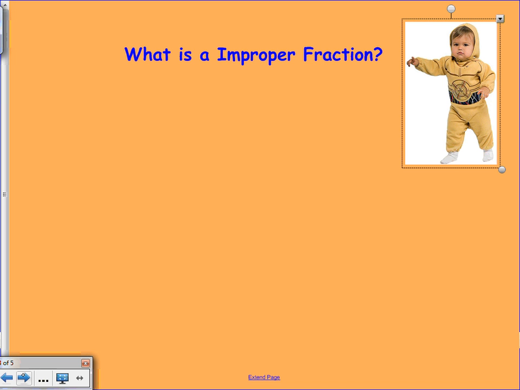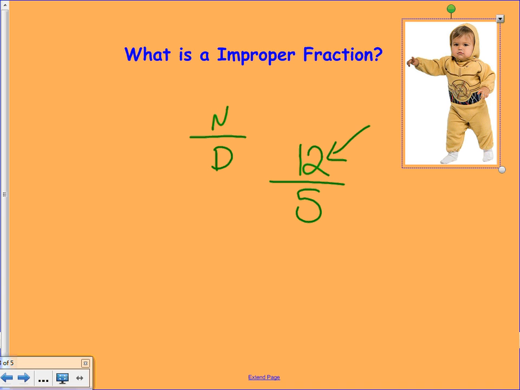Now, what is an improper fraction? Well, an improper fraction is a little bit different. An improper fraction is wherever the numerator is larger than the denominator. So, for example, we have 12/5. So you'll notice that the 12 right here is larger than the 5.